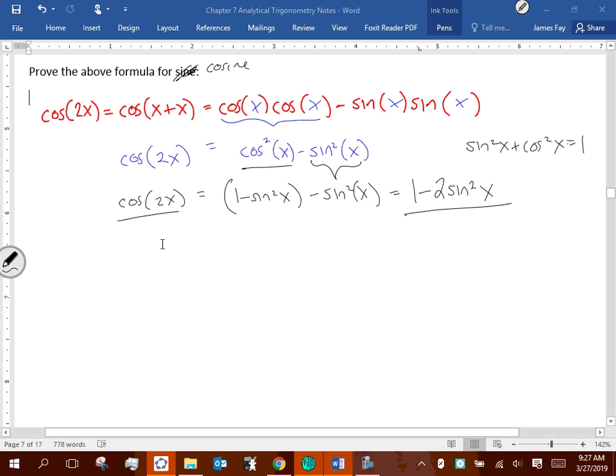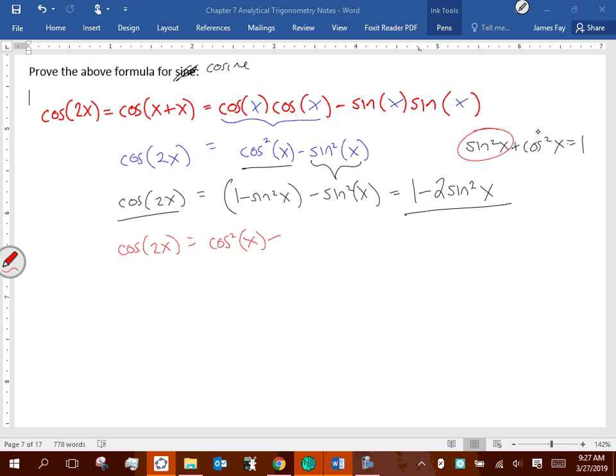Okay? There's another way of doing this. It's in red. Cosine of 2x. Starting with the blue one again, I can write as cosine squared x minus, now isn't sine squared going to equal 1 minus cosine squared? Does that make sense to everybody?